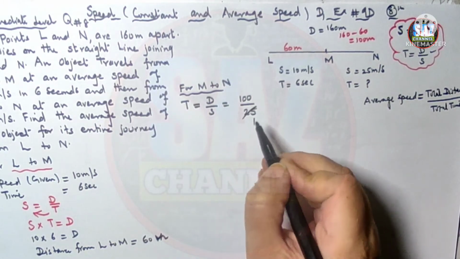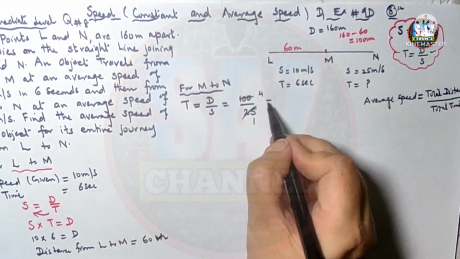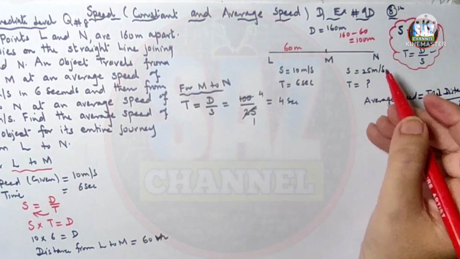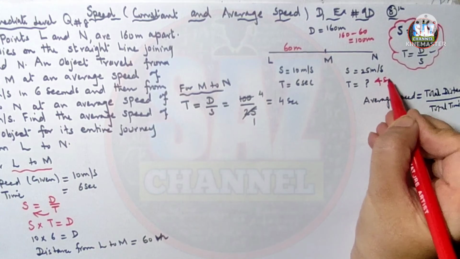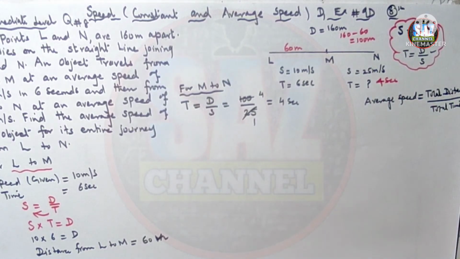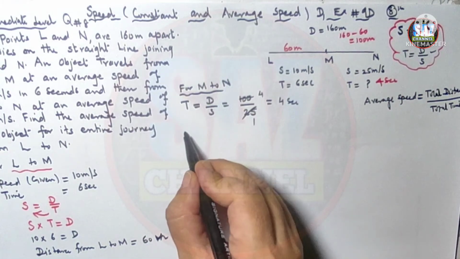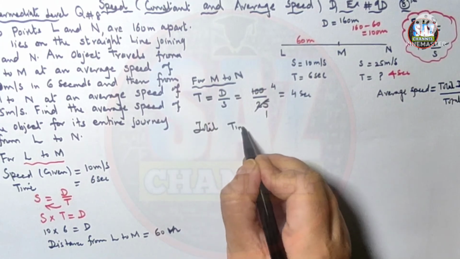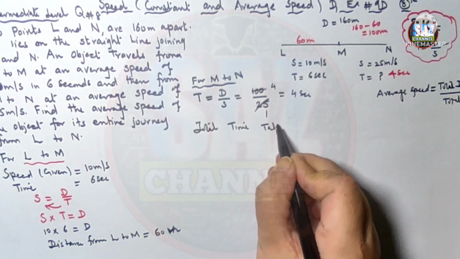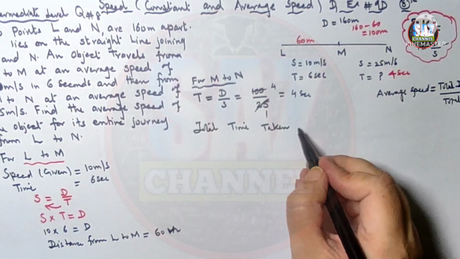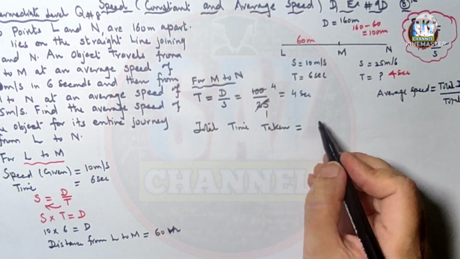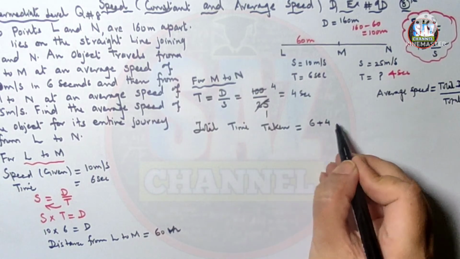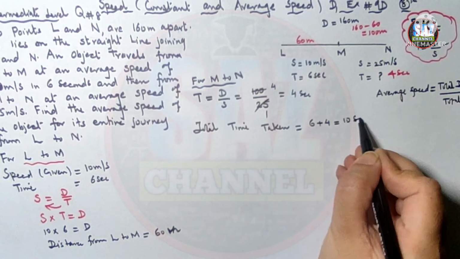So 25 ones are 25 and 25 fours are 100, which is equal to 4 seconds. So it means the total time taken for the entire journey will be equal to 6 plus 4, which is equal to 10 seconds.